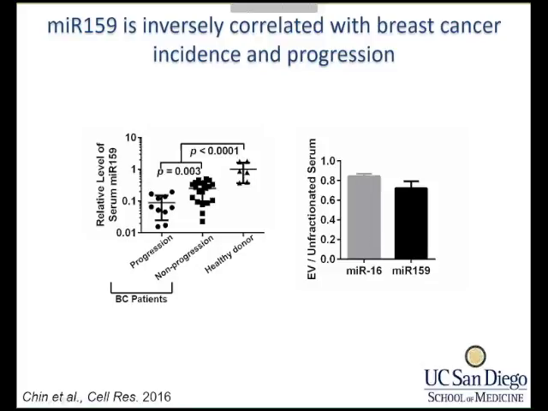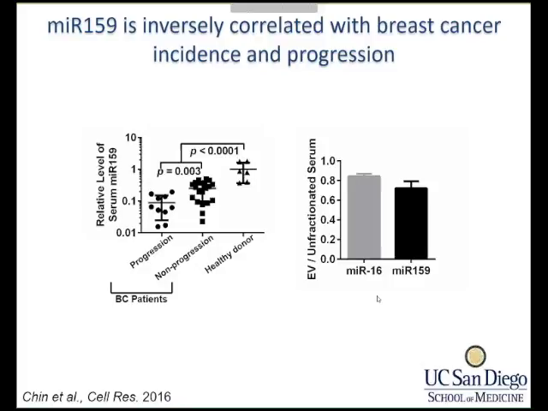As you can see here, plant miR-159 is mainly detected in extracellular vesicles. We were able to recover 70 to 80% of overall circulating miR-159 from the purified extracellular vesicles. This is pretty similar to miR-16, the mammalian control we used here, for which we see around 80% localization in extracellular vesicles.